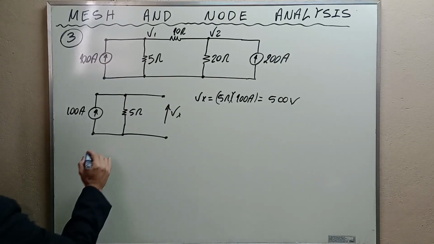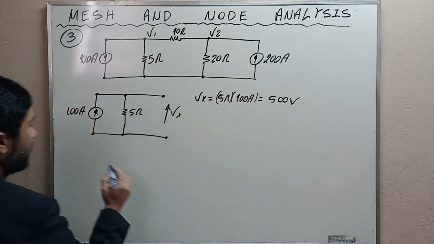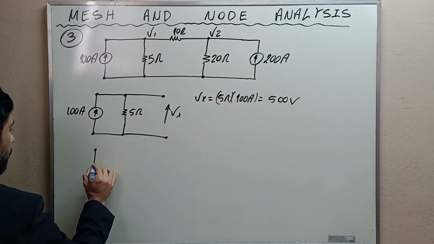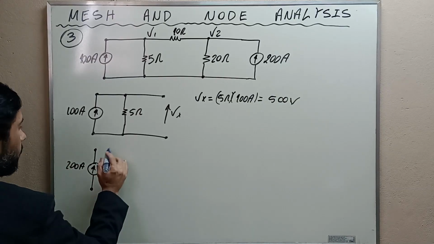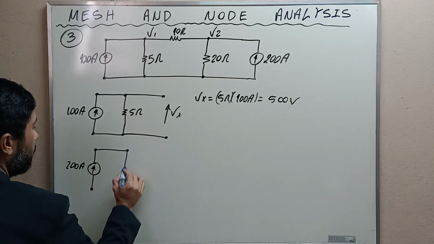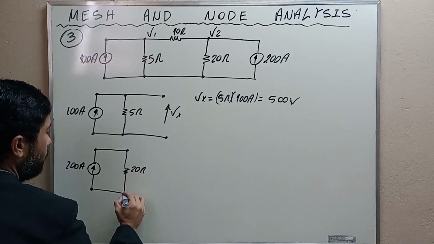Likewise, we are going to do for this current source here. 200 amps. This is 20 ohms.